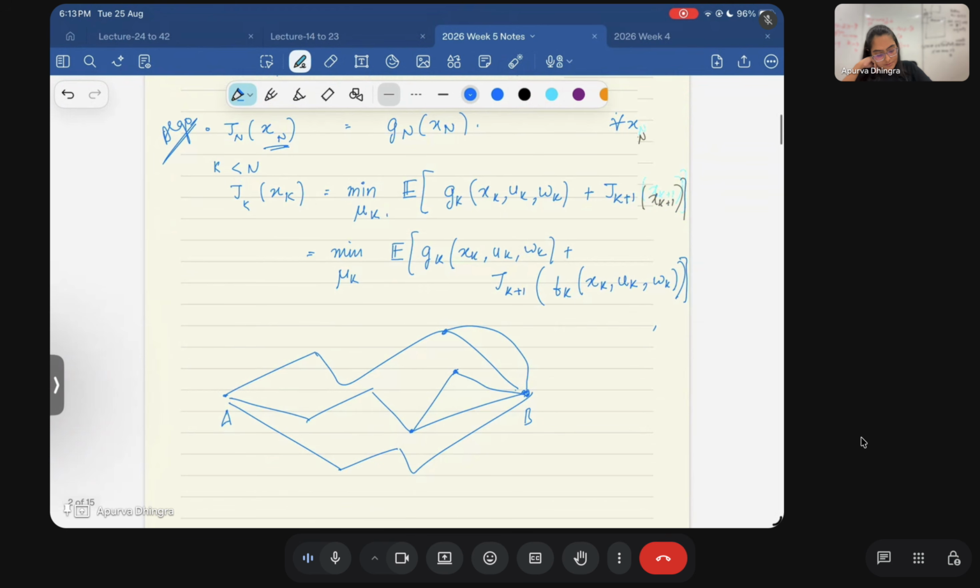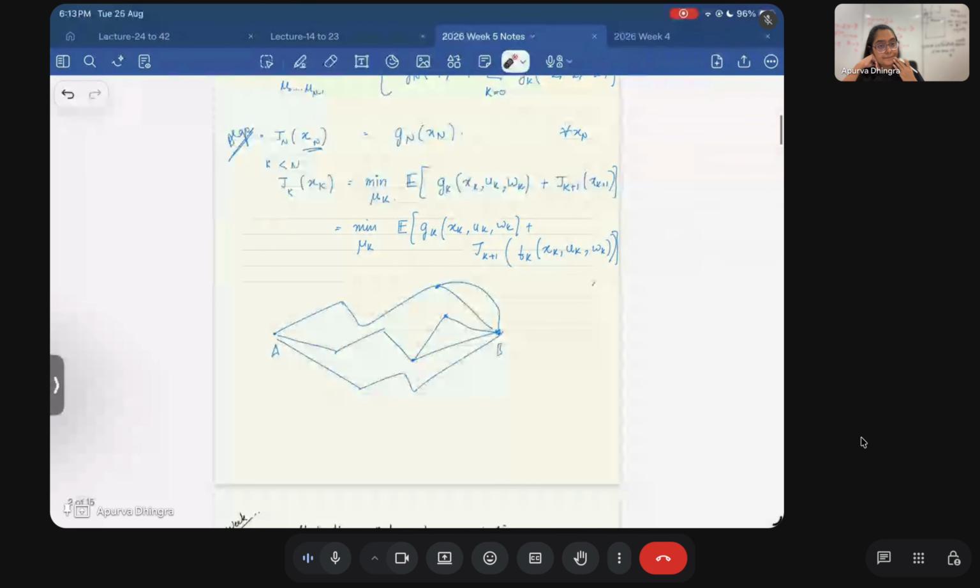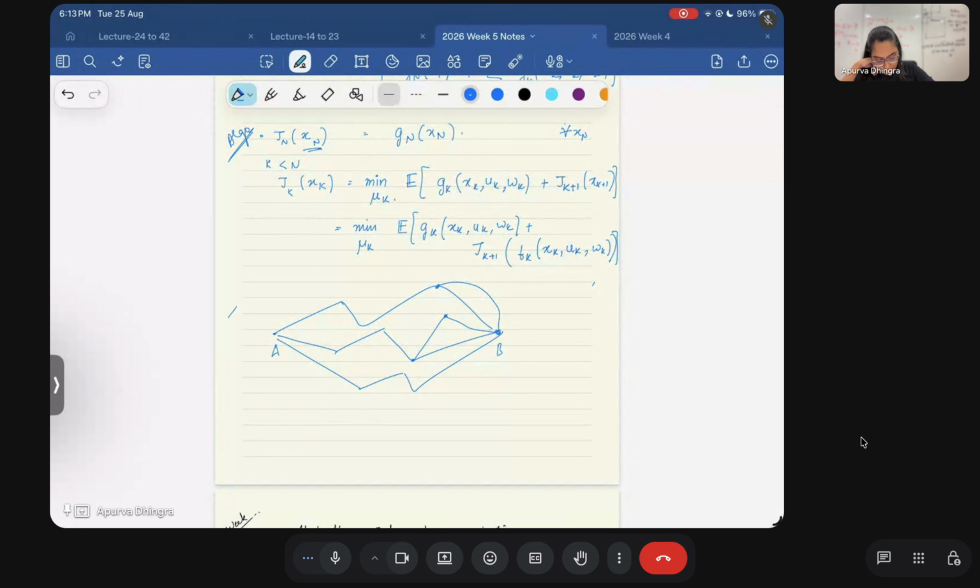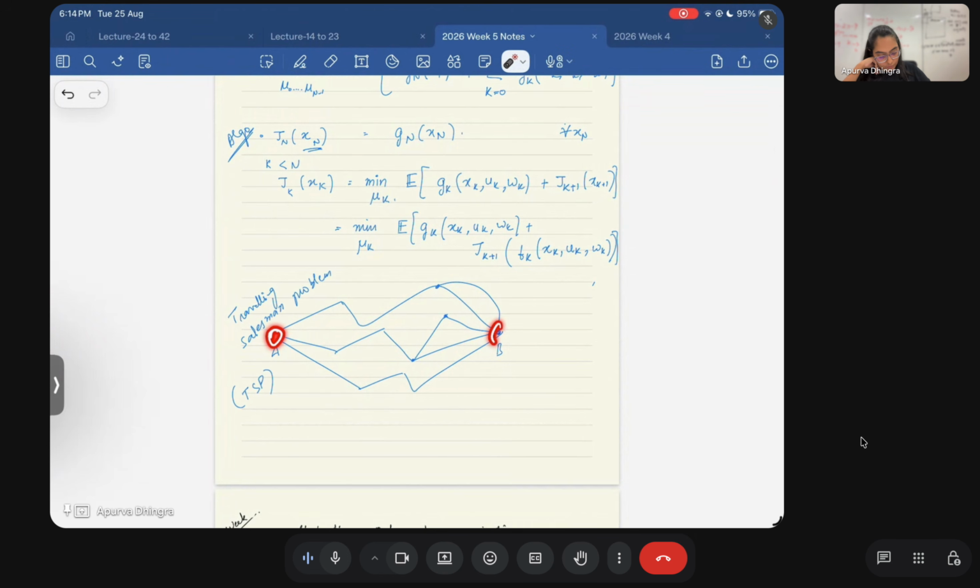An example of this is the traveling salesman problem, famously called just TSP, where the salesman has to go from point A to point B. What is the best path he should take?